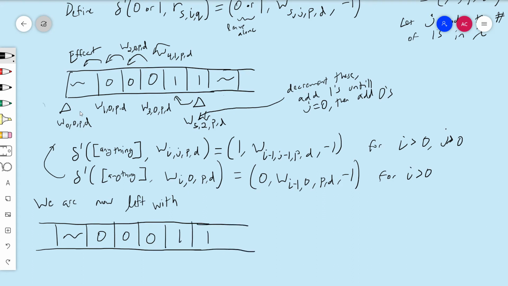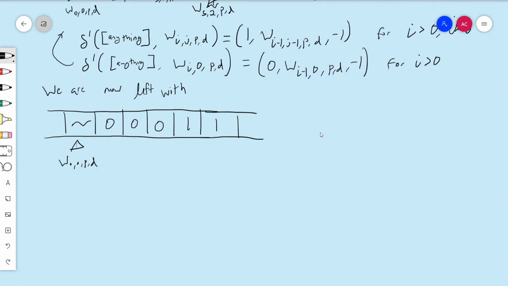So I have now successfully written the code for lambda in the place of sigma. I'm pointed here, and I'm in state W0, 0, P, D. And note, I still have the new state that I want to start the next step in, and I still have the direction that's going to tell me where to move. So now I need to move. Now I need to think about moving.